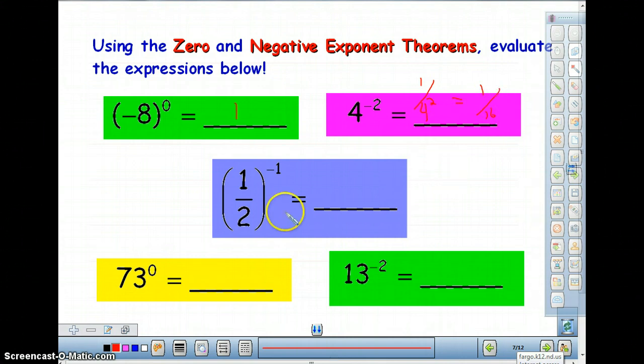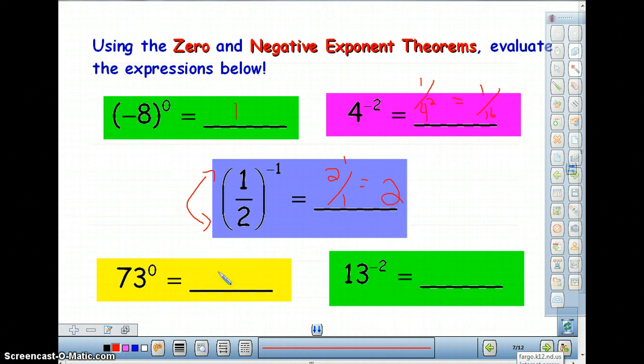16. Okay, when I have a fraction, it really flips things around. So this is to the negative 1, so I can take my fraction and flip it around. So I have 2 over 1, because I flipped it, and then my exponent becomes a positive 1. So 2 to the first power is 2 over 1, which gives me 2.